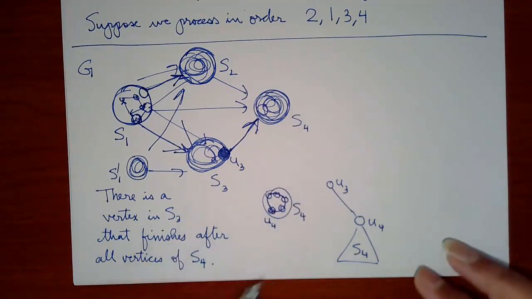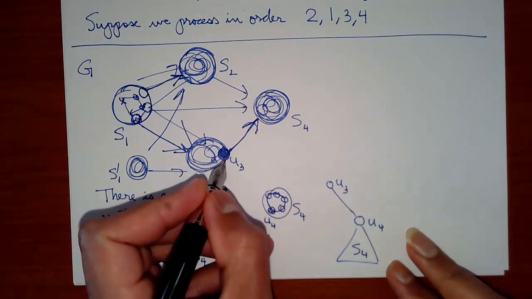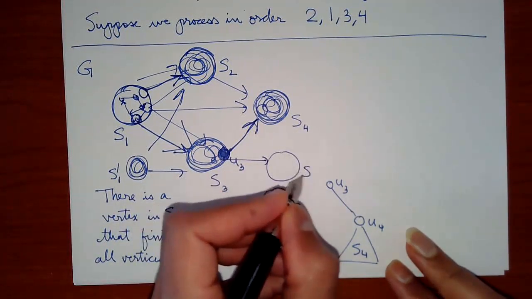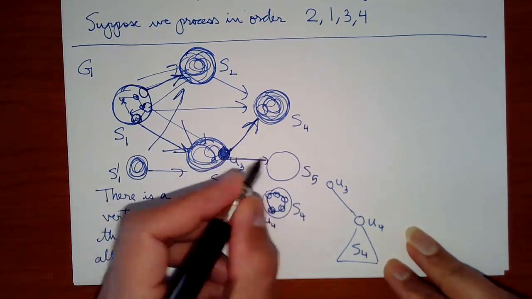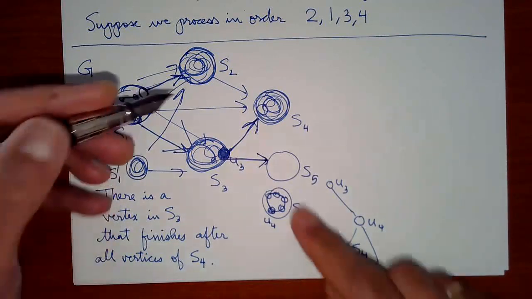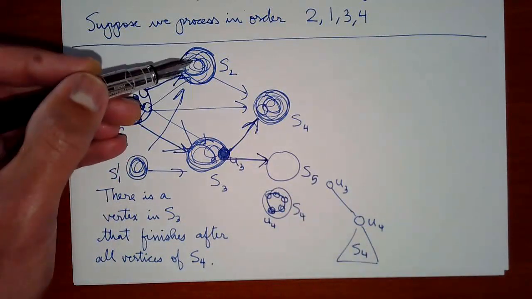Let me draw another. Suppose you had some component that looked like this. I'm just going to call this S5. There's some edge that's coming out from here. You also don't know anything about the relative order between S2 and S5.